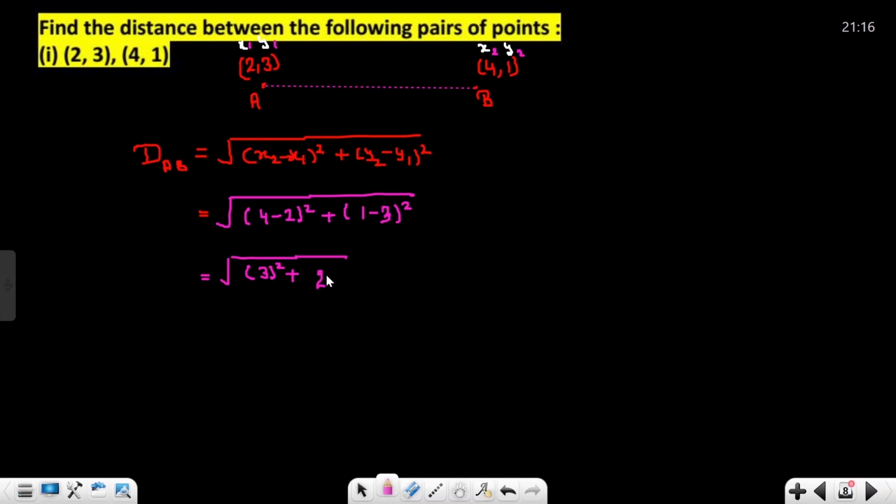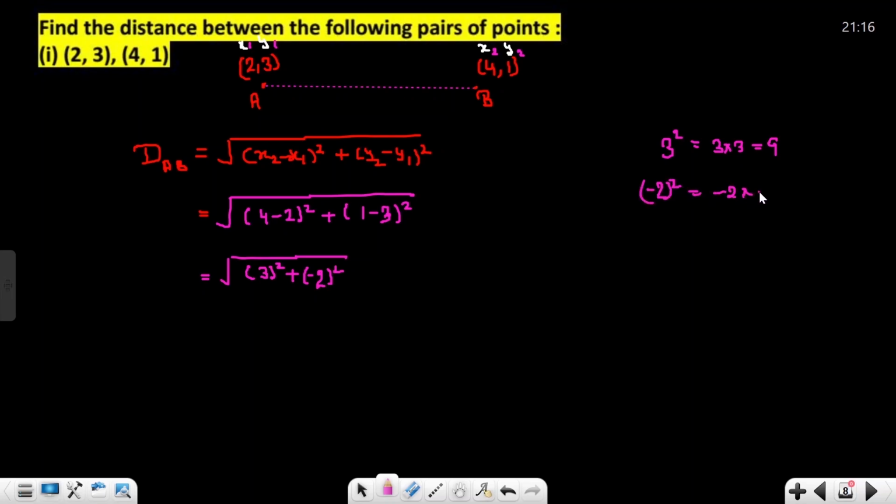Which sign term is greater? 3 is greater than 1, so 3's sign is negative, so 2 is also negative, whole square. I hope everyone knows how we find a square. 3 square means the base 3 multiplied 2 times, 3 into 3, 9. Similarly, minus 2 square means what?